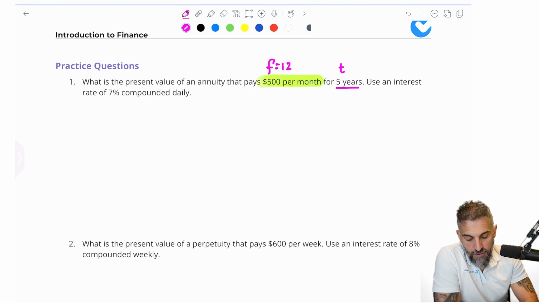The interest rate is 7% compounded daily. Remember what I said? If they give you a compounding frequency, then the rate you have is an APR. And so if you're going to use the financial calculator, you have to consider all these things. Well, you have to consider all these things no matter what calculator you use. Okay, so here, 500 is your payment.